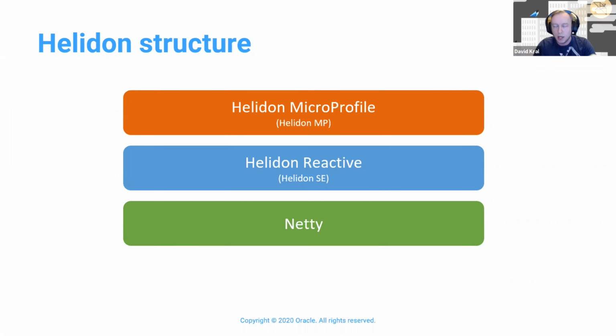I know that I said that Helidon Web Client is a part of Helidon Reactive, but it actually doesn't matter. I have chosen to use MicroProfile Quick Start because it uses JSON resources, and I do believe that most of you are more familiar with using JSON resources than the Helidon SE way of doing this kind of stuff.